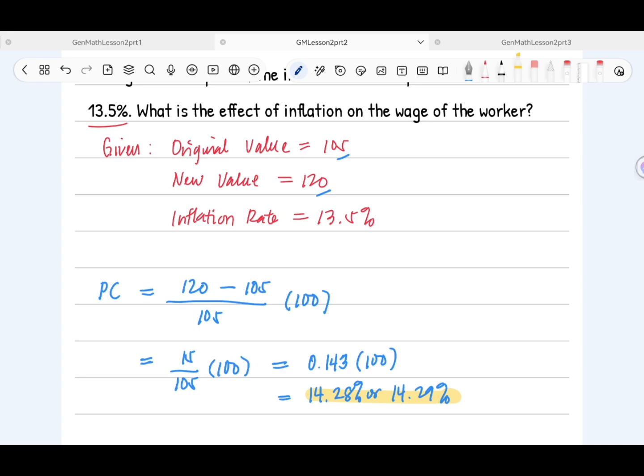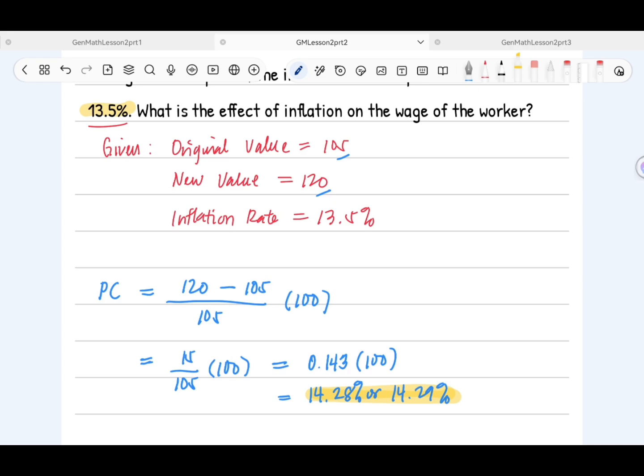So, kahit na 13.5% yung inflation rate, halos nabawi naman ng 14.29% na pagtaas sa sahod. So meaning, dahil dito, halos walang nabago sa tunay na kita or sa purchasing power.